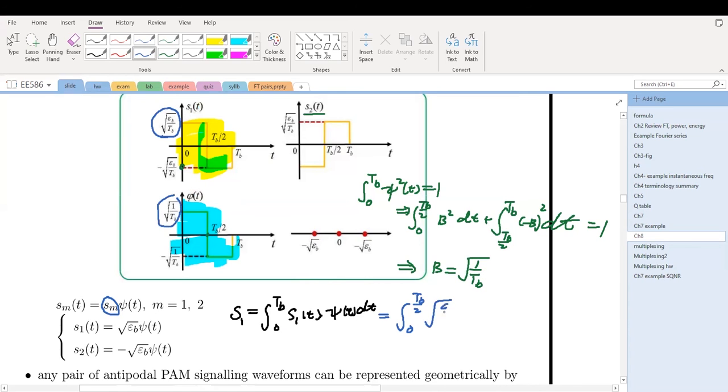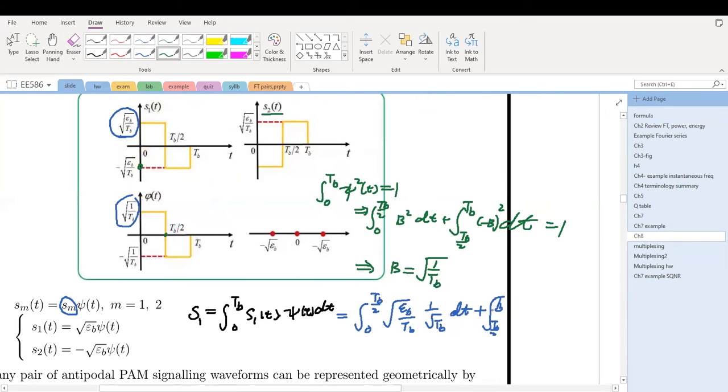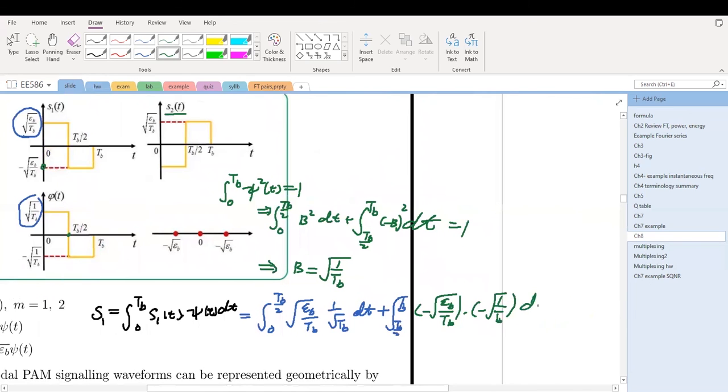So therefore, square root EB over TB, multiplied by 1 over square root TB, right? dt, plus from half TB to TB, the magnitude multiplied by this magnitude: minus square root EB over TB multiplied by minus 1 over square root TB, dt.